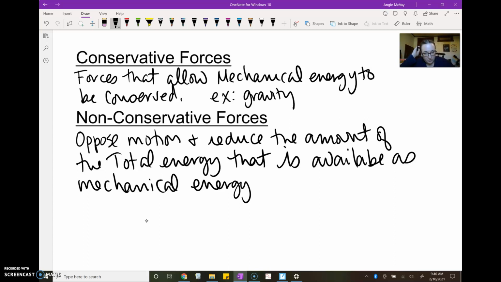Okay, they oppose motion and reduce the amount of total energy that's available for mechanical energy.